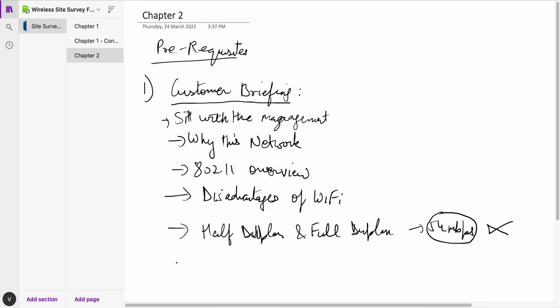Explain contention to them. Spend some time with them, teach them Wi-Fi, so that you're all on the same page and the expectation is correct. Because if the expectation is not correct and you are not on the same page, then it's going to backfire once the survey is complete, and that's not going to be really pleasant, right?